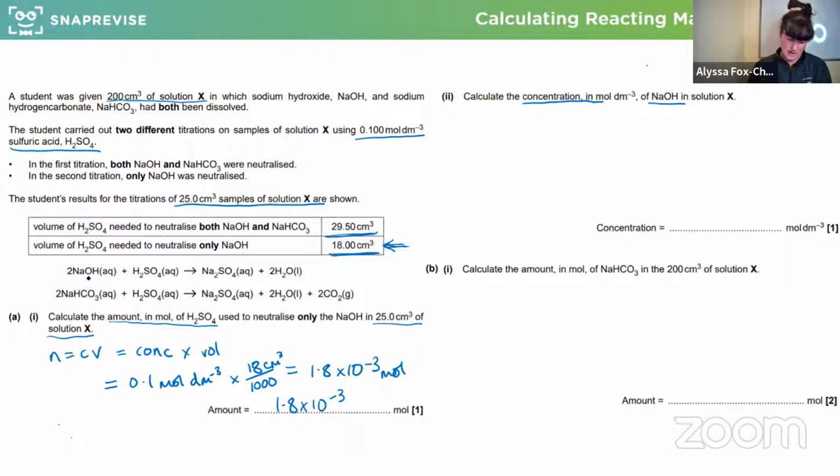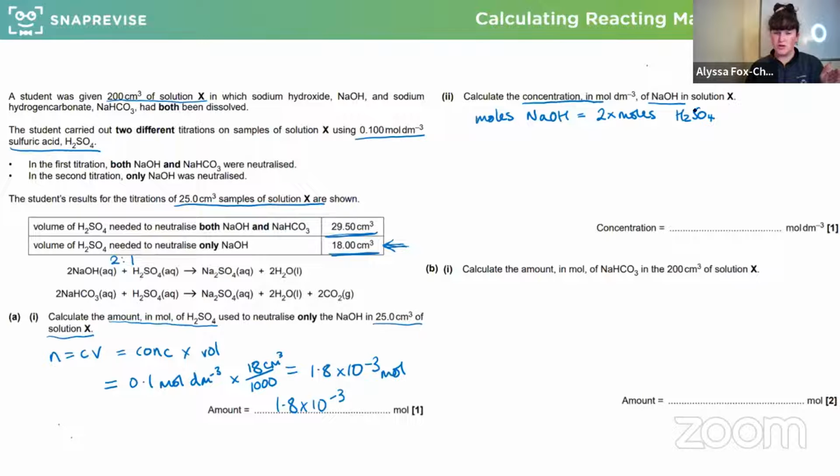Well, if we look back at our balanced equation, we can see there's a ratio of 2:1. As in, for every 1 mole of sulfuric acid, we need twice as many moles of sodium hydroxide. Moles of sodium hydroxide are twice the moles of H2SO4 because it's a 2:1 ratio.